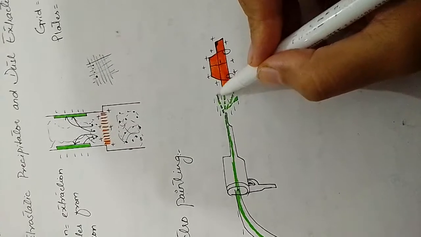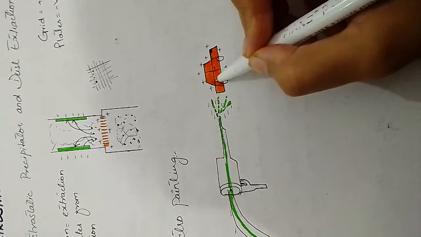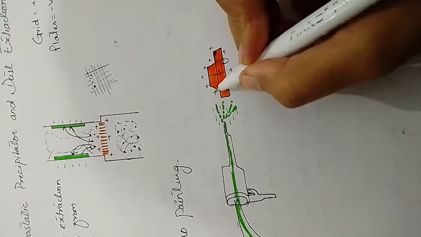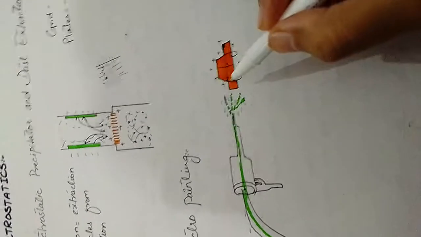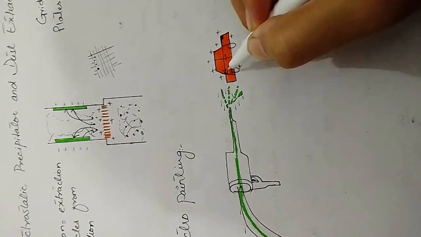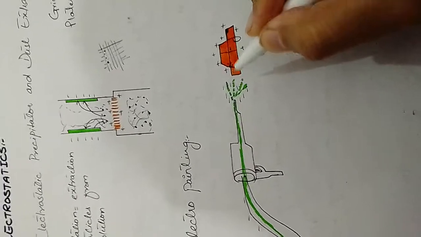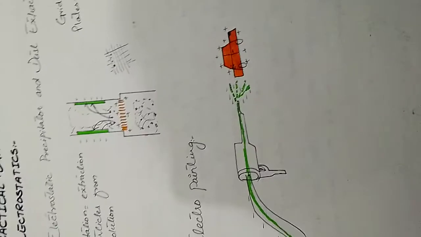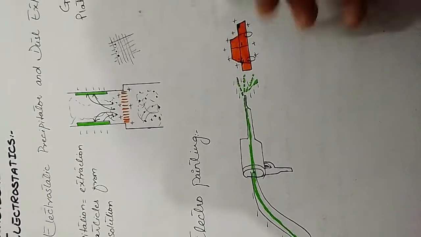These negative particles will get attracted to the positively charged car, so the car will get evenly painted. Another advantage is that all of the paint will be attracted to the car.